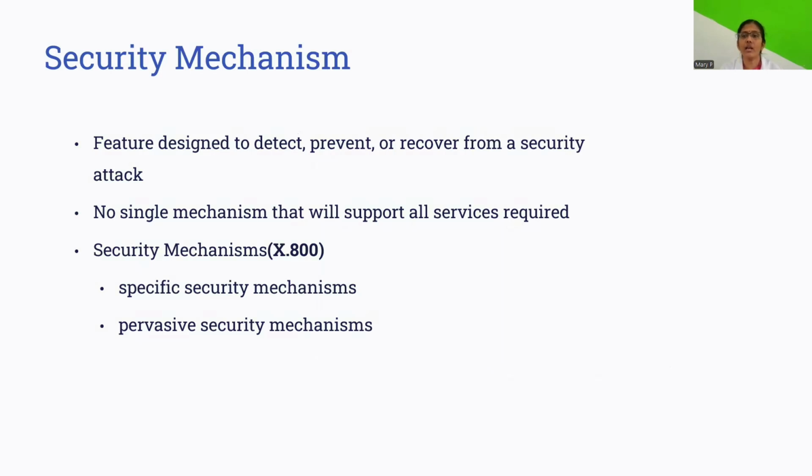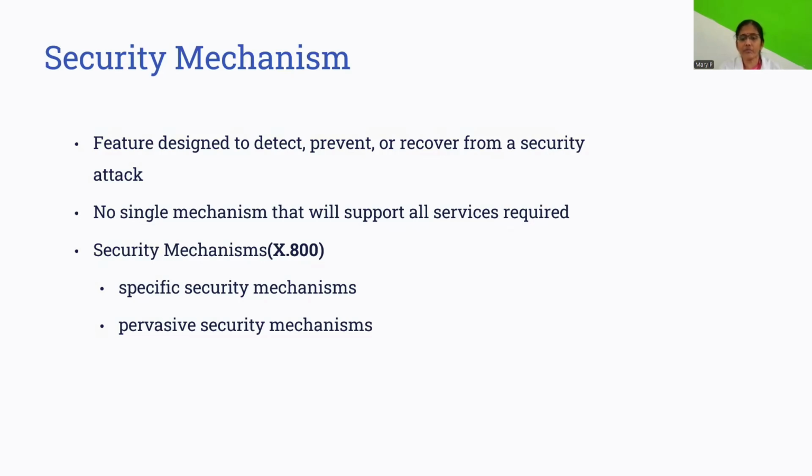Next one is security mechanism. A security mechanism is a method or technique that protects the data and system from unauthorized access, attacks as well as threats. There are two kinds of mechanism: one is the specific security mechanism and the other is the pervasive security mechanism. What's the difference between these two?